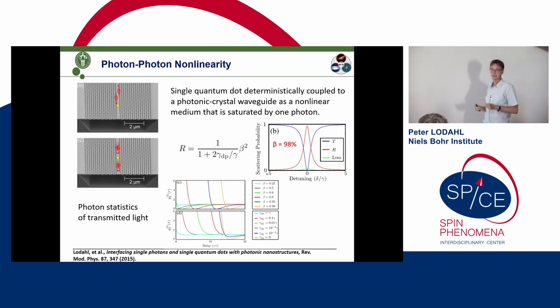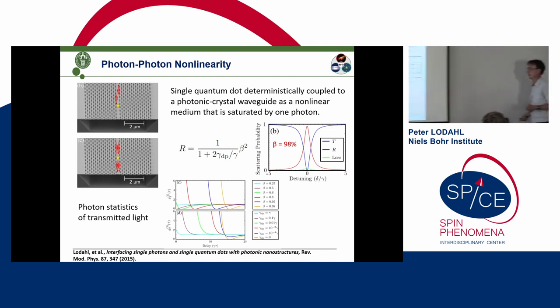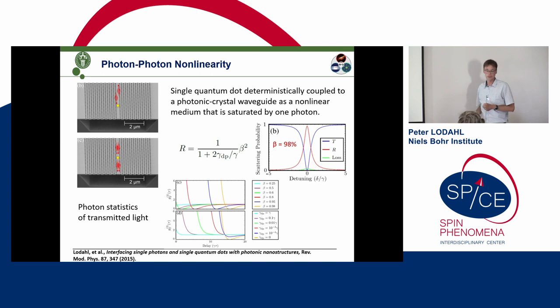Even a single photon saturates the quantum dot, so there'll be a preferred probability to be transmitted past the quantum dot. So you'll see some quite pronounced photon bunching effects if I'm measuring the photon statistics of the transmitted light. You'll see the single photon component being reflected with high probability. That's these extinction dips. And then you'll see the two photon components have a preference to be transmitted past the quantum dot, meaning that you'll see bunching in the G2.